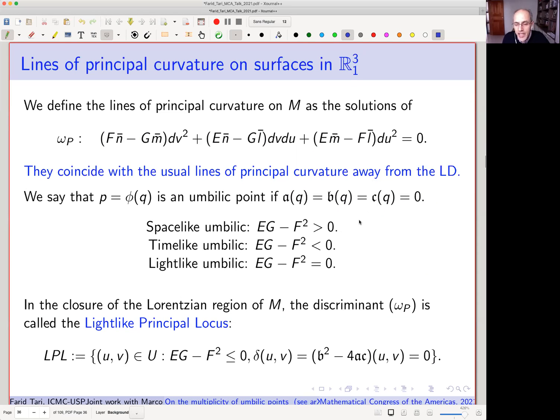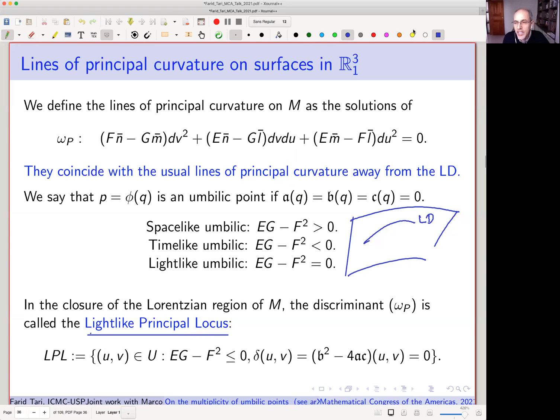So on our surface there is a curve that I mentioned before, called the locus of degeneracy of the metric. But there is also another curve, which is the discriminant of this equation. The discriminant means the locus of points where the two directions defined by this equation coincide. In the Lorentzian region, we call this discriminant the light-like principal locus.